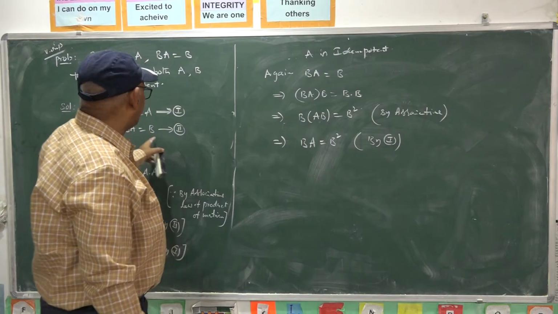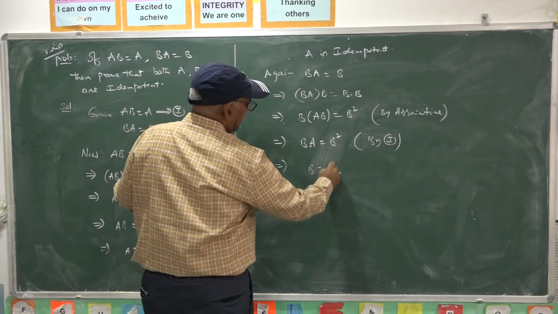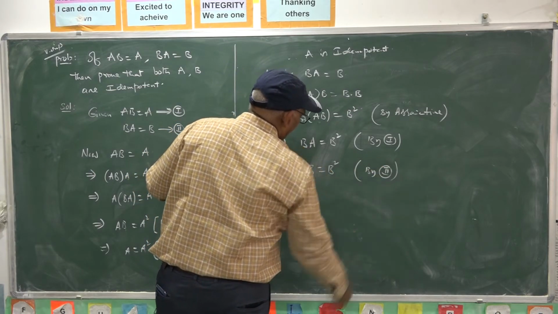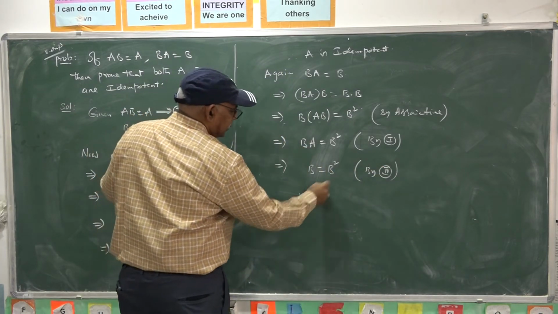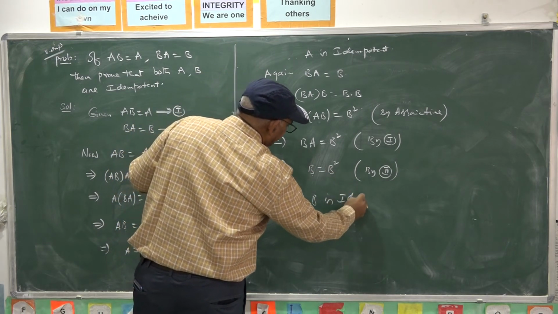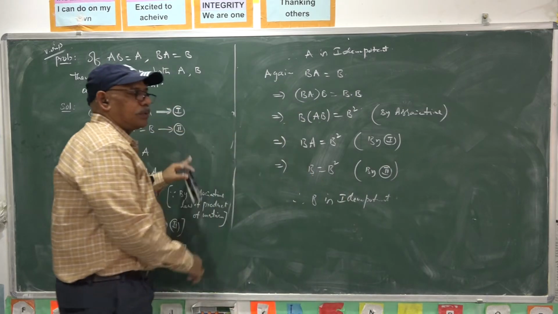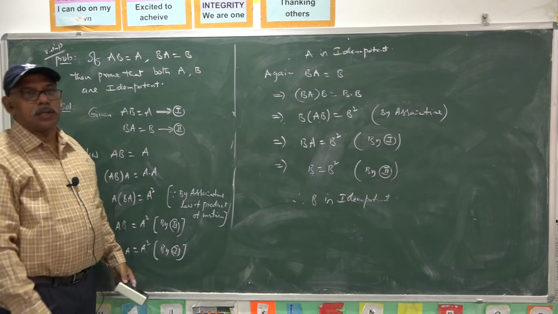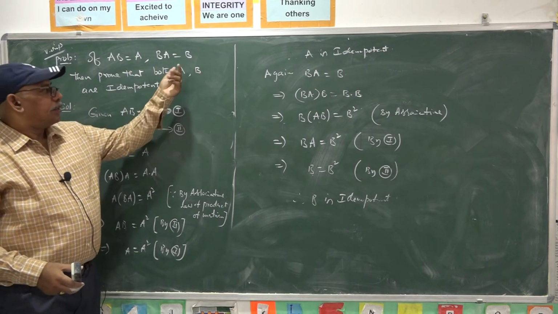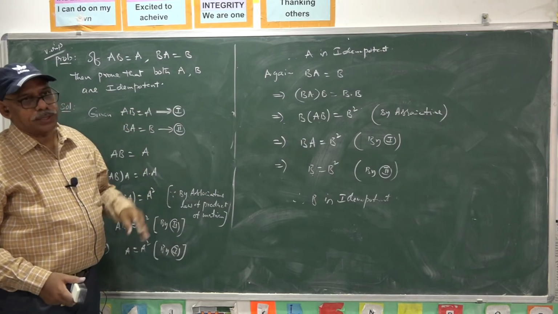But BA is B by 2 itself. Therefore, B square equal to B implies B is idempotent. So once AB equal to A and BA equal to B, you can conclude that both A and B are idempotent.